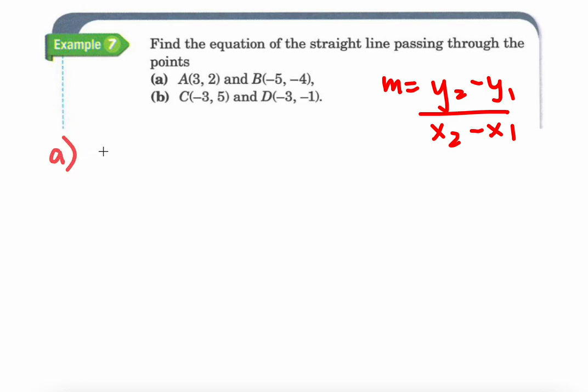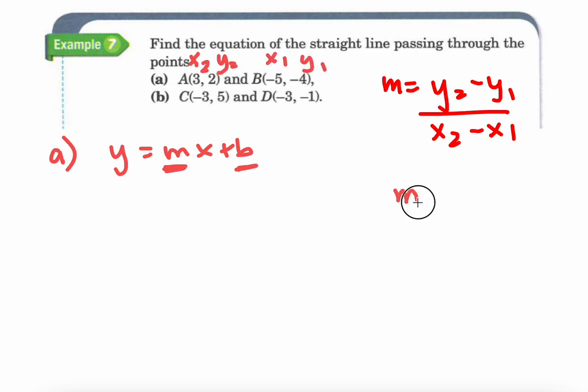Okay, let's try A. Again, we need it in y equals mx plus b form. We need our slope and we need our y-intercept. Let's try and find our slope first. So let's name this x2 and y2, x1 and y1. So then we'll find our slope.